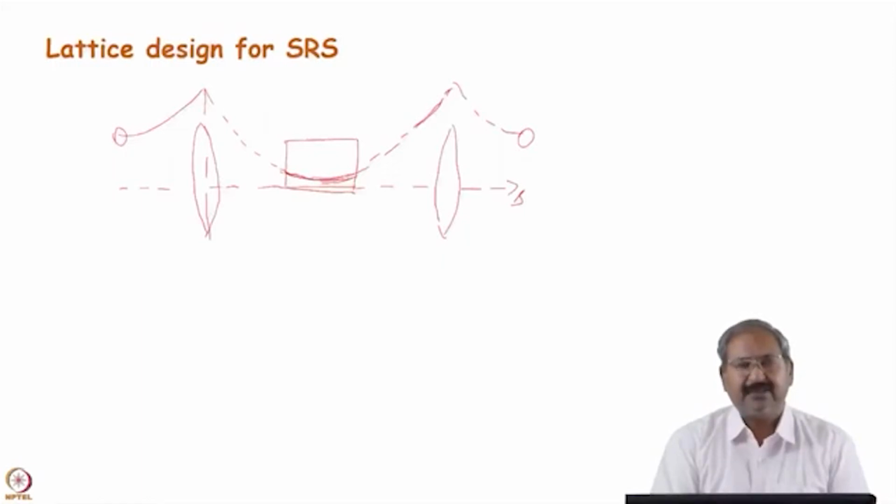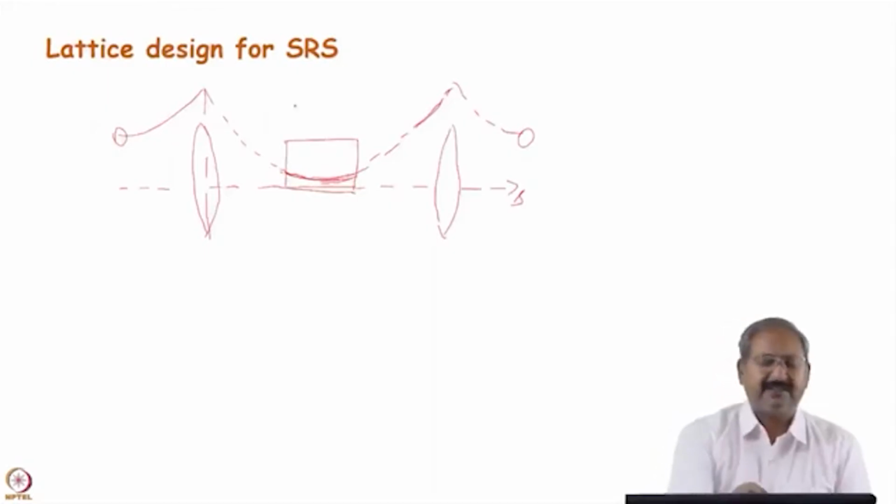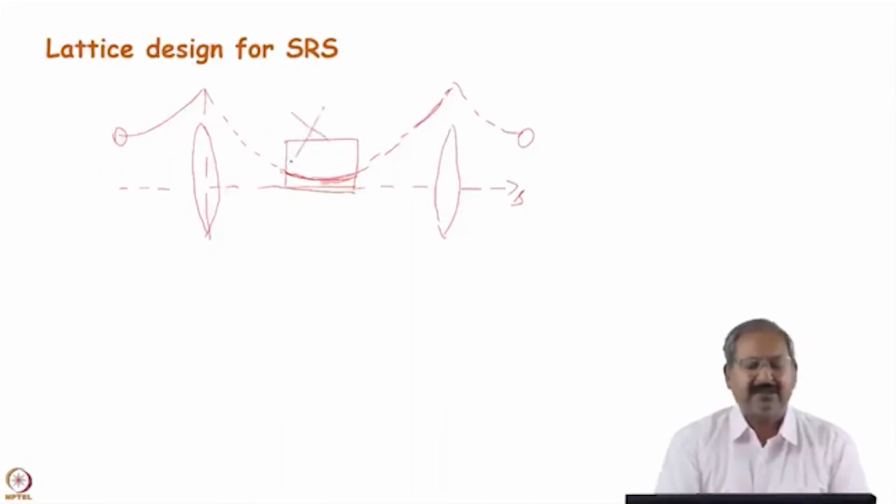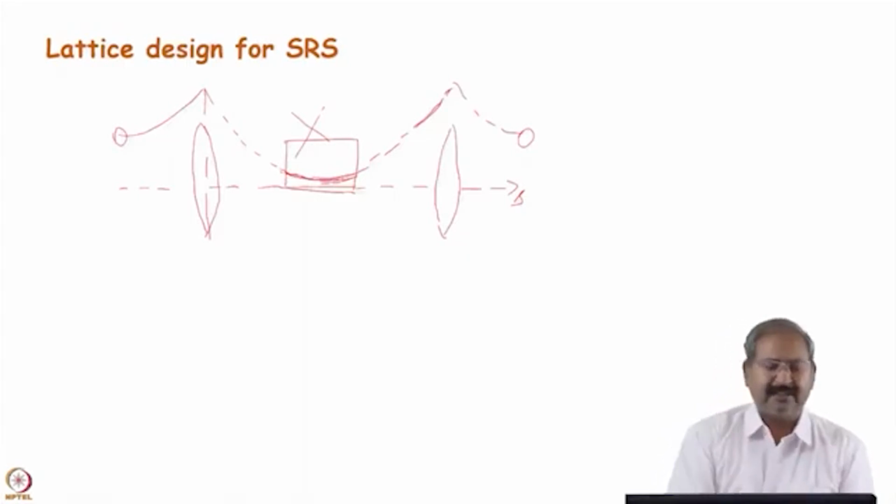And for some kind of elements such as RF cavity or injection system, we need a dispersion free region, otherwise a bit of complication occurs. So for obtaining the dispersion free region, we need some other kind of lattices. So this kind of lattice, although it can be obtained for low emittances, is not useful for making the SRS.